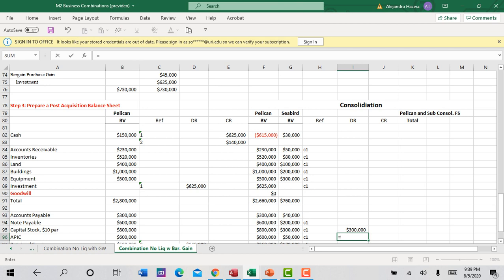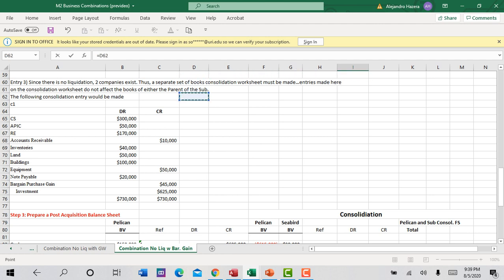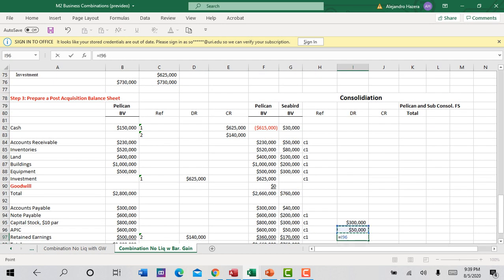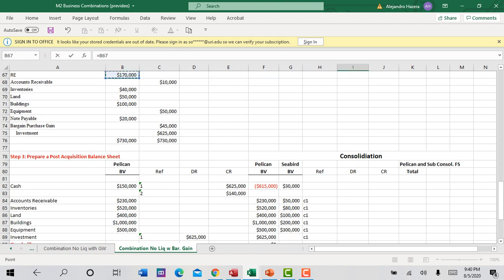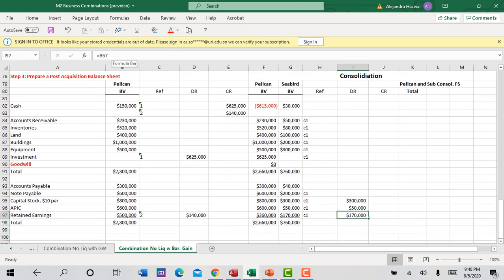There's a debit to additional paid in capital, and a debit to retained earnings for 170,000. Okay, and those are write downs. You're basically eliminating the subsidiary's own equity, because you can't own yourself, and you're going to eliminate that against the investment account, which we're going to make zero. But we've also got to make the adjustments for assets and liabilities. Our next entry is going to be, I believe, to accounts receivable, which is a credit because it's a write down.